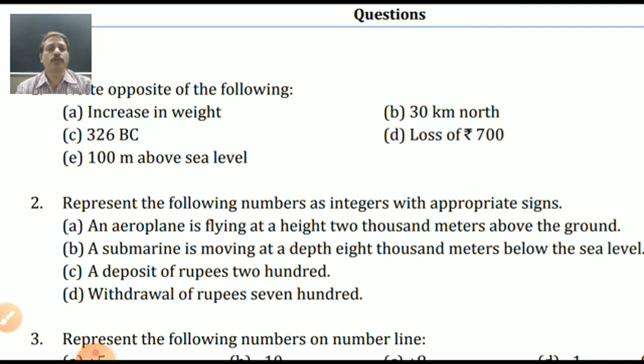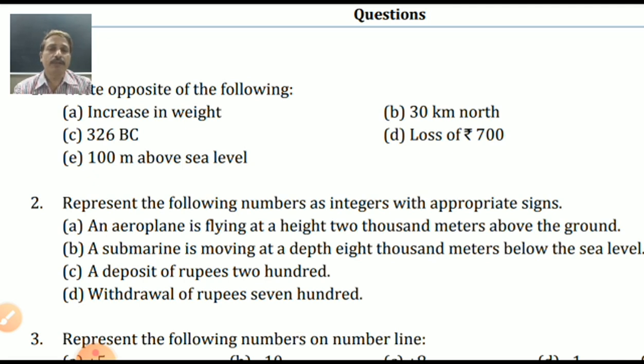A deposit of rupees 200. Deposit means you may not know about this word. Deposit and withdraw, two words are related with bank. Have you visited a bank any time, students? No. So take the time and visit anytime.